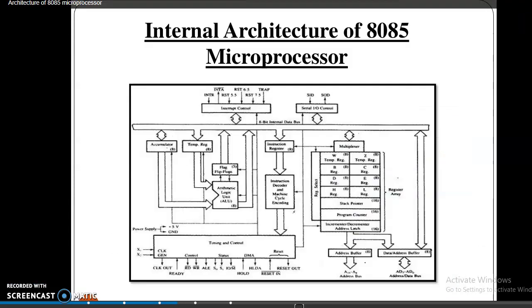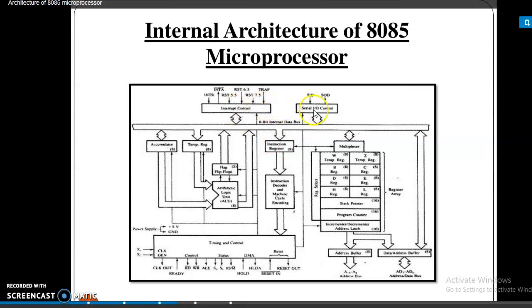Next, this is the internal architecture of the 8085 microprocessor. You can see there are several components here. Here you can see the accumulator, register, flag, ALU, and then the instruction decoder and machine cycle encoding, shortly called decoder encoding, the instruction register IR, and the interrupt control.